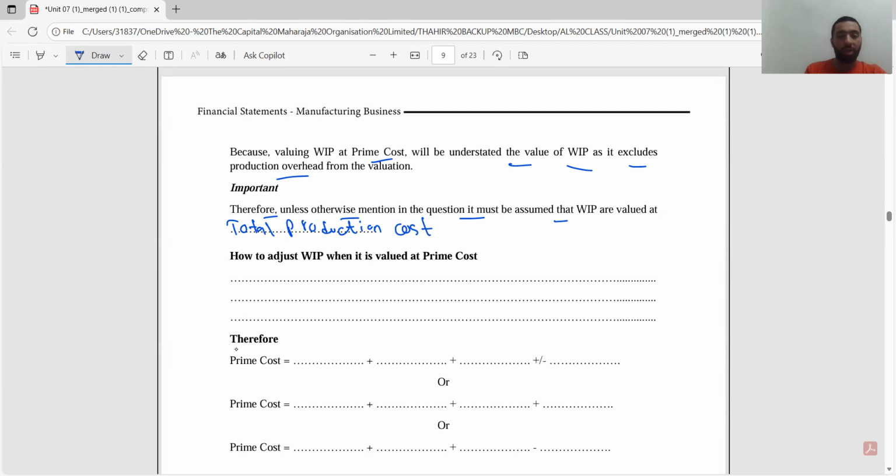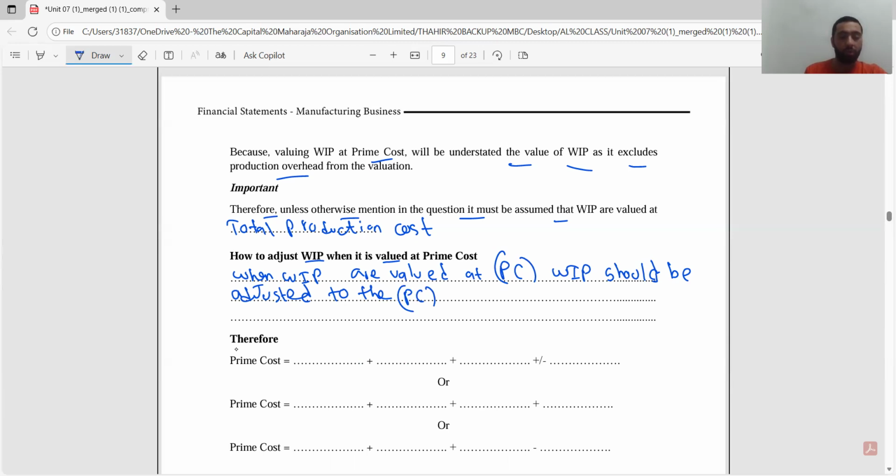Okay. How to adjust WIP when it is valued at prime cost? When WIP are valued at PC. What is PC? Prime cost. WIP should be adjusted to the PC, right?